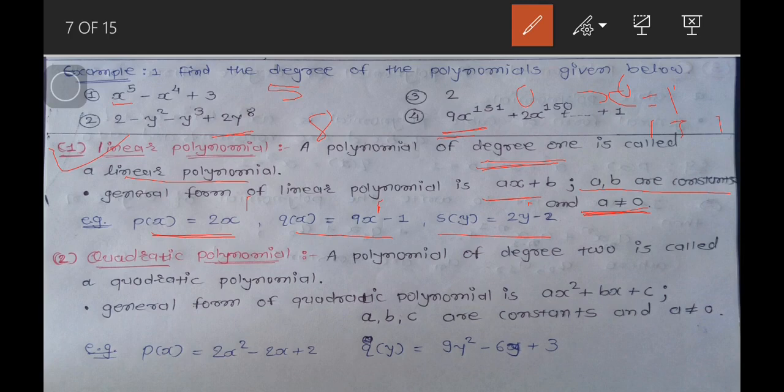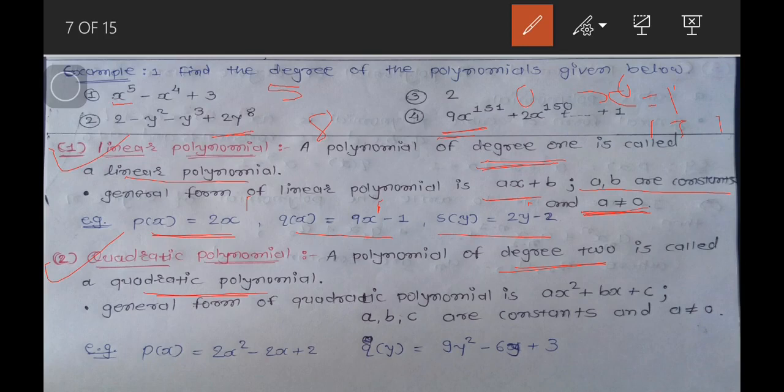Now the second type, quadratic polynomial. A polynomial of degree 2 is called a quadratic polynomial. If any polynomial has degree 2, then it is called a quadratic polynomial.